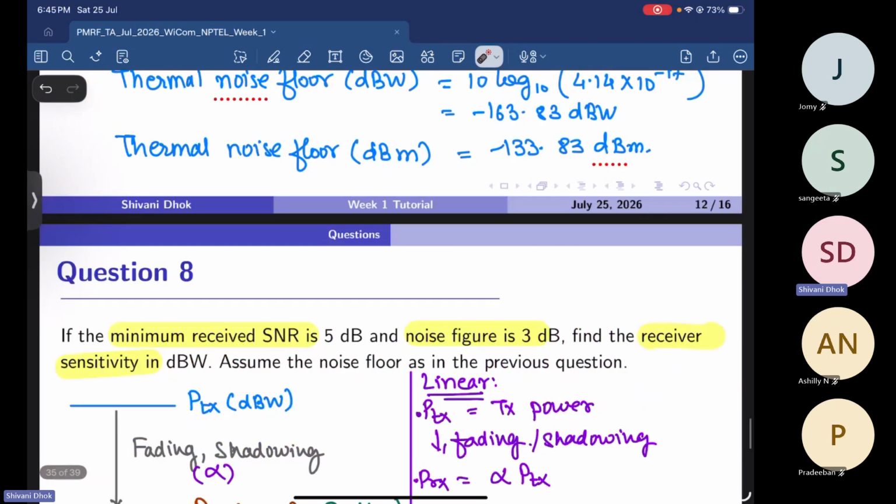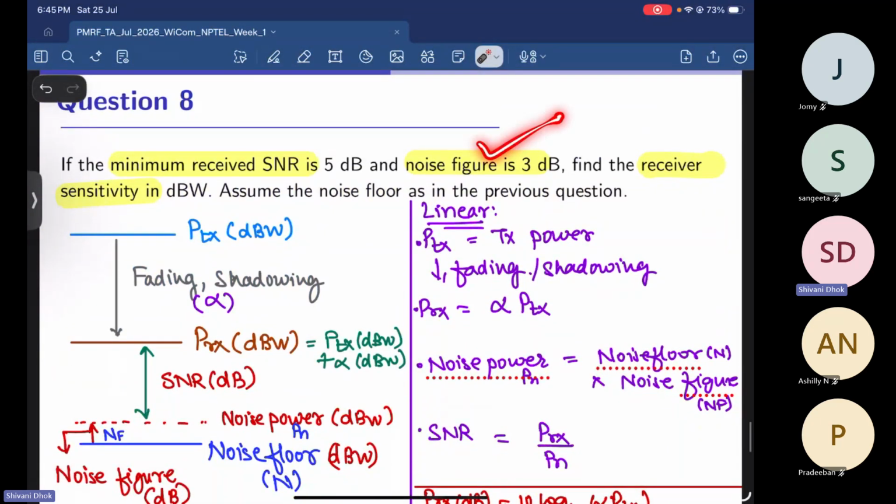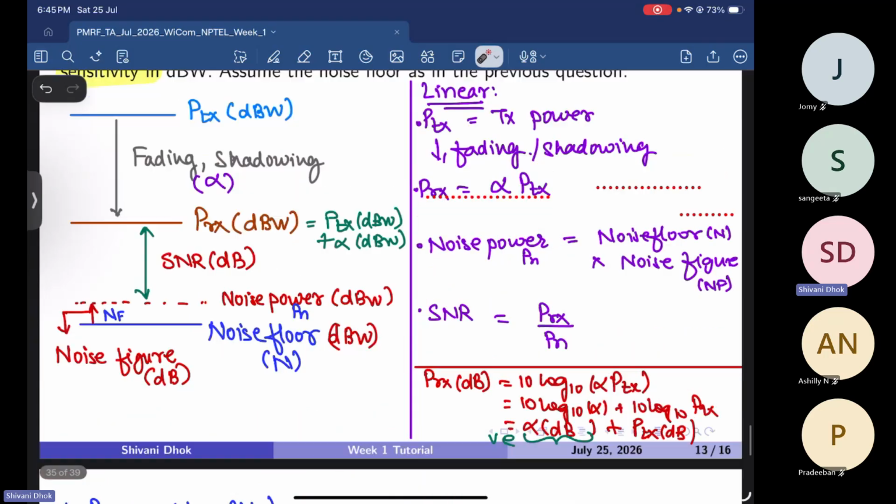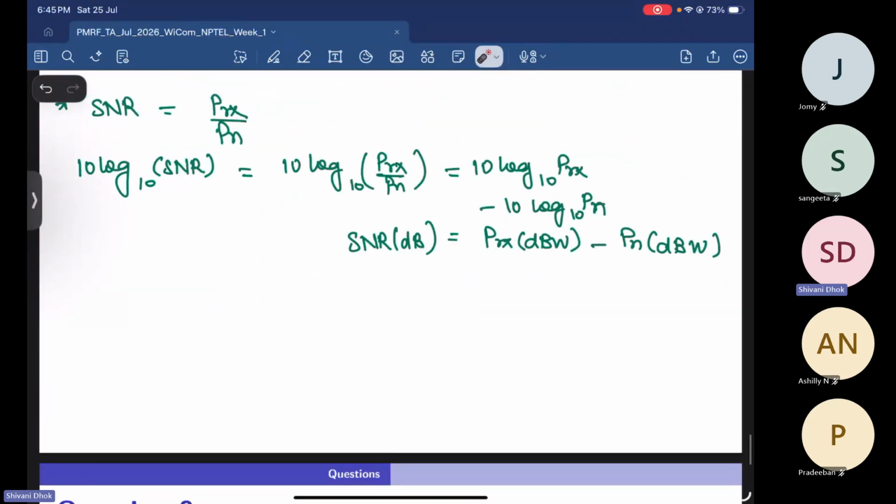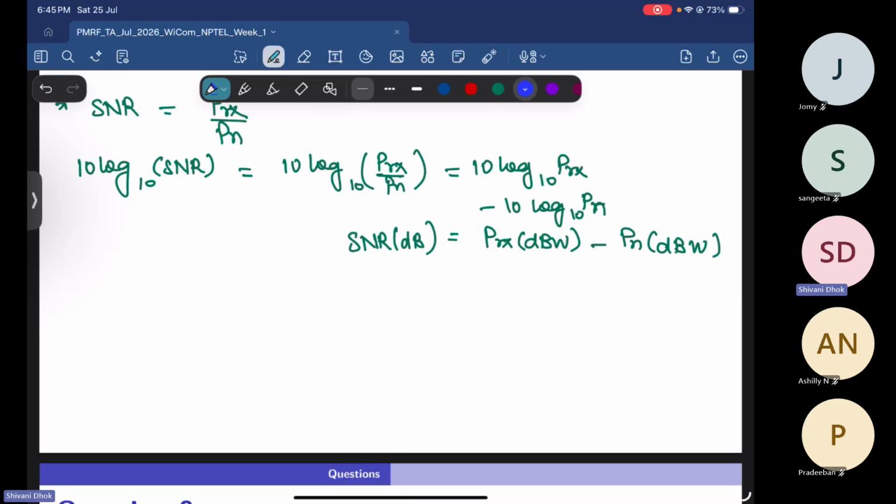So now what is given to us in the question? So I hope that you understand noise figure and PRX, PTX and all those things. So now what is given to us is your minimum received SNR is 5 dB. So the minimum received SNR that your communication system receiver is able to see. So given minimum received SNR, or SNR is always at the receiver.